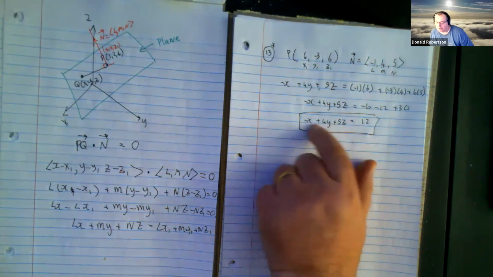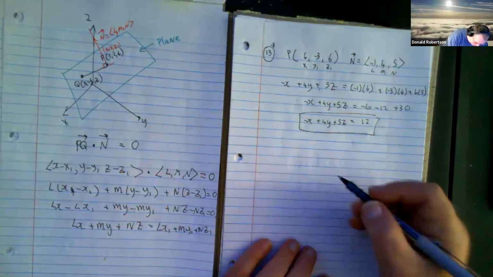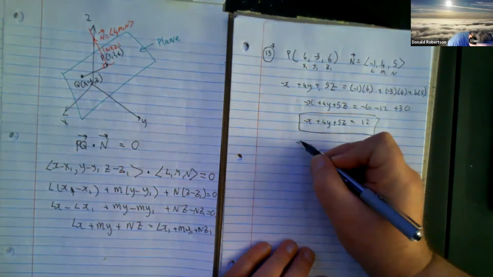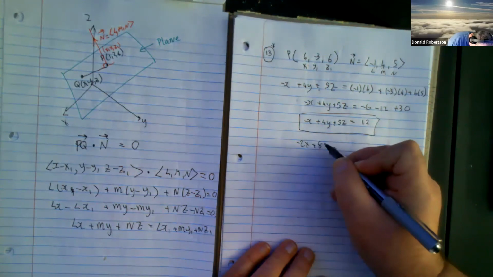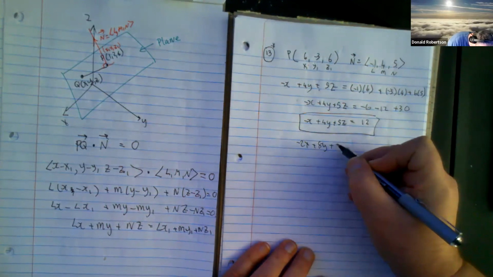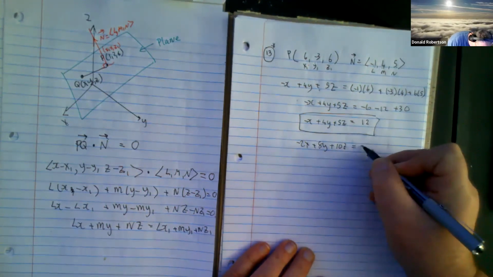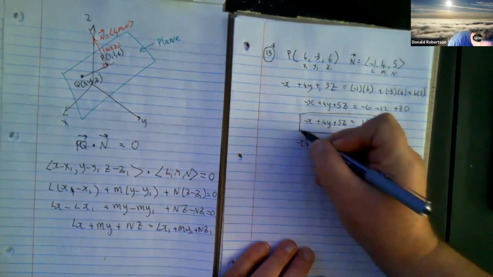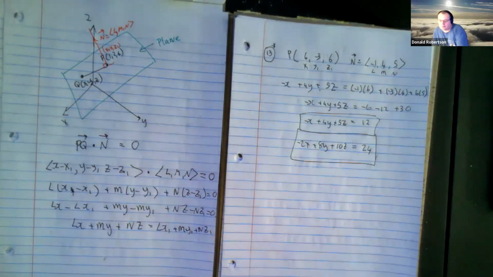So you might say, well, what other equation could I get? Well, I could get -2x plus 8y plus 10z equals 24. That one would work. Didn't I basically just double everybody?